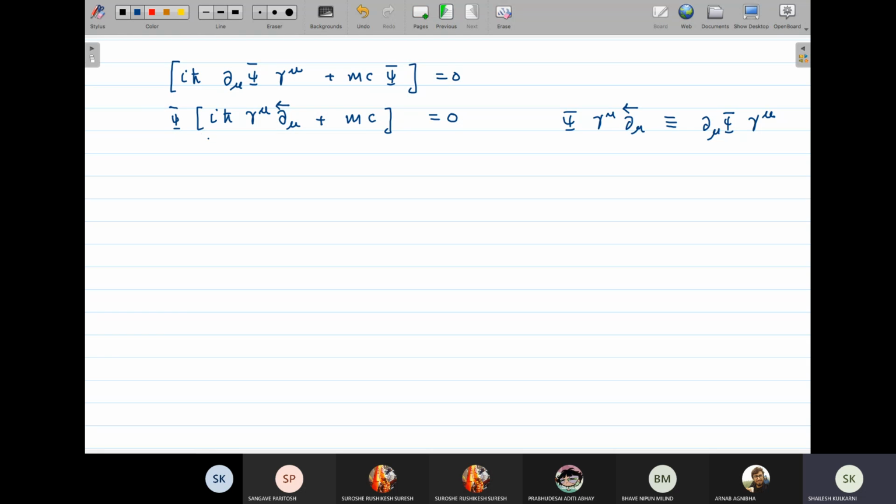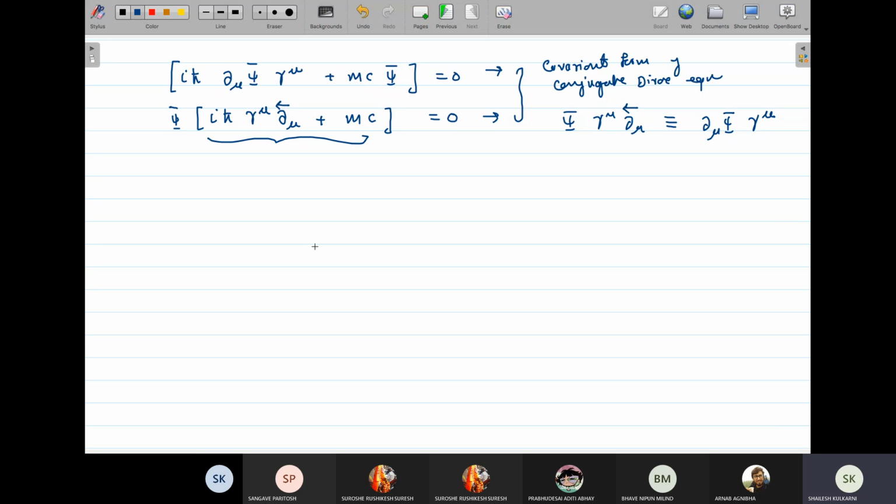This entire operator will act from the left on ψ̄. So either this or this is your covariant form of the conjugate Dirac equation. Clear?